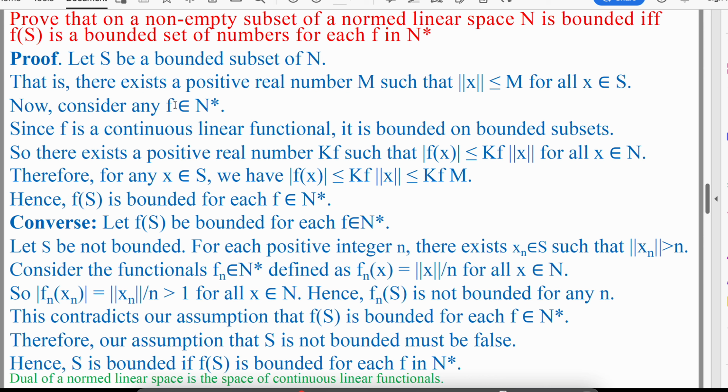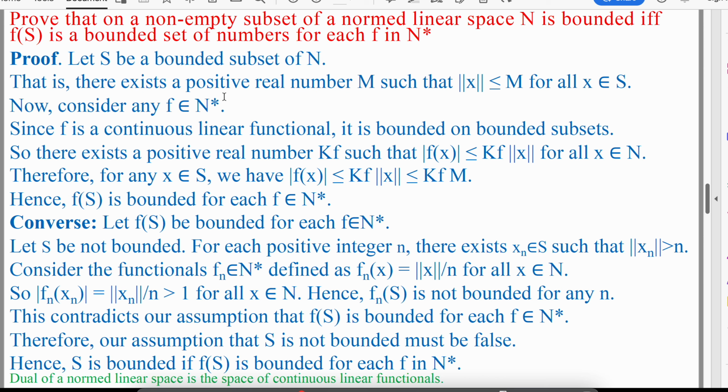Suppose f belongs to N star. Since f is a continuous linear functional, because it is in N star, it is in the dual of N, and the dual of a normed space is the space of continuous linear functionals.